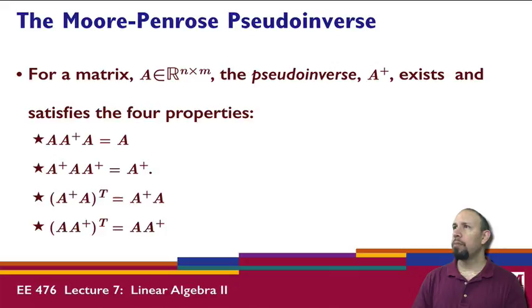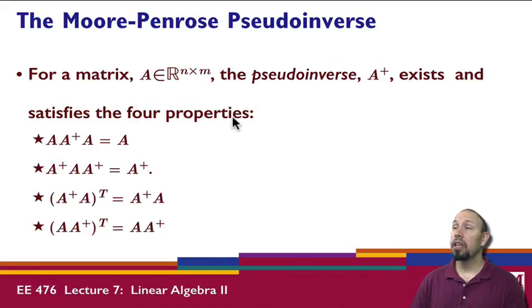Okay, for an n by m matrix, notice we're not assuming a square matrix. It could be a square matrix if n is equal to m. The pseudo-inverse of A, and here we use the superscript plus to indicate the pseudo-inverse, exists and satisfies the 4 properties.